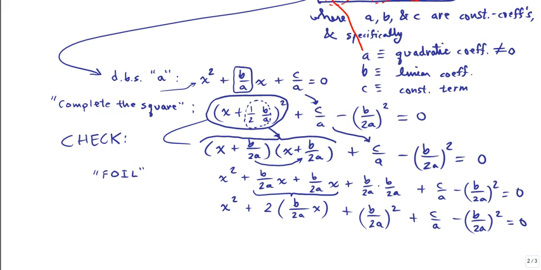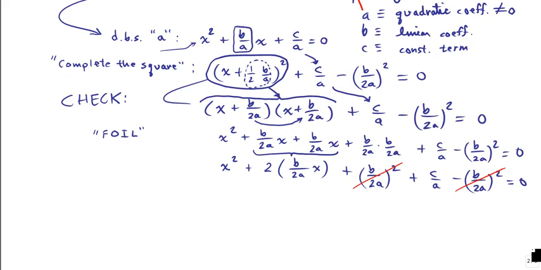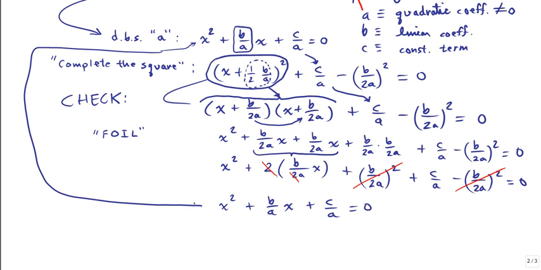You'll notice right away that this plus term knocks out that minus term, and this 2 knocks out that 2 downstairs. So we're left with x squared plus b over a x plus c over a is equal to 0, and in fact, that's what we had started out with. So we have not changed anything by writing the equation in this form.